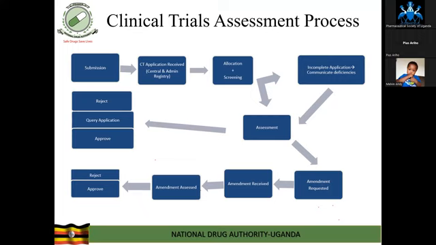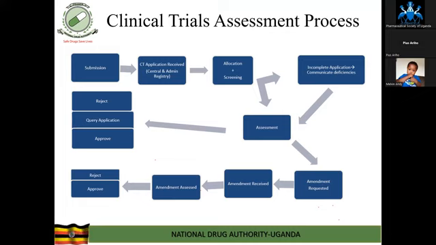And aside from inspections, we have post approval processes. There are many times a protocol can be amended based on the information that is coming in.